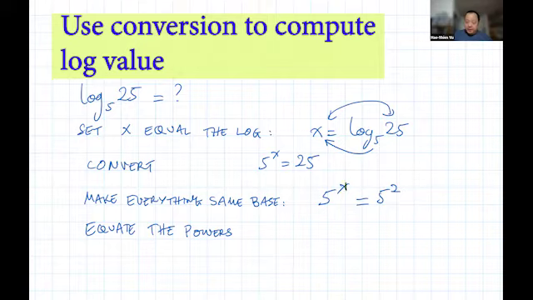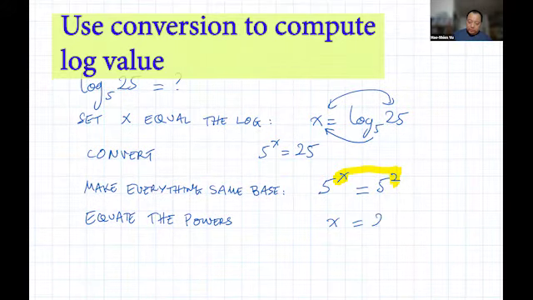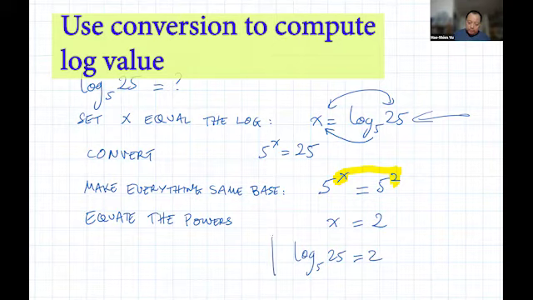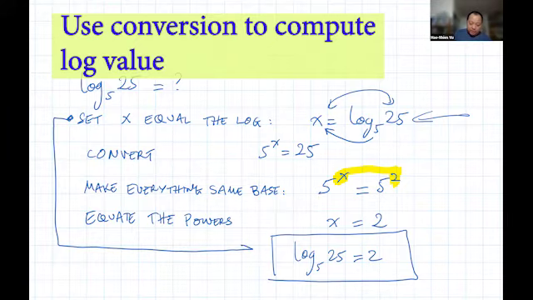They are both base 5, so this x and that 2 must be equal. x is equal to 2. And what was x? x was log base 5 of 25. Log base 5 of 25 is equal to 2, because we set x equal to the log.